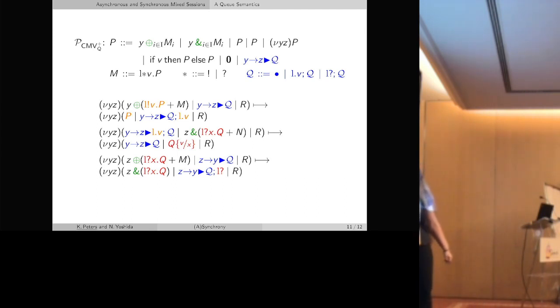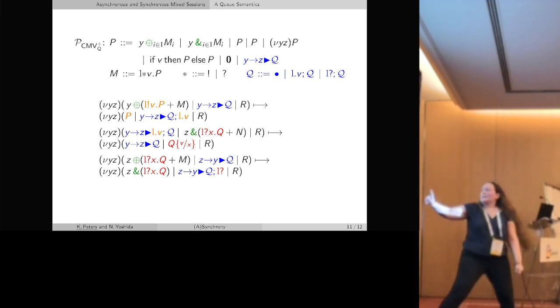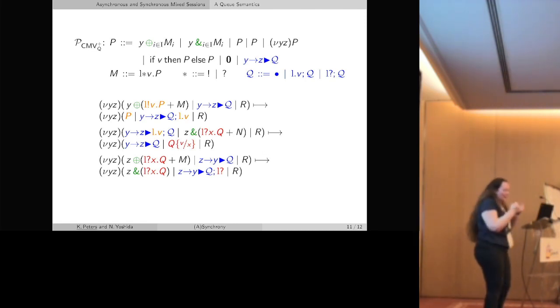But it already reduces to this one part and becomes an external choice, and moves the label as a message to the queue, just saying, I decided I want to receive next on L.